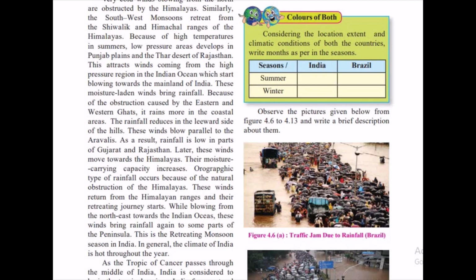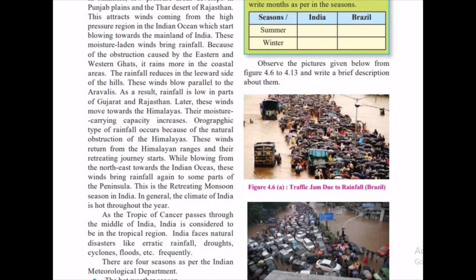These moisture laden winds bring rainfall. Because of the obstruction caused by the Eastern and Western Ghats, the rain is more in the coastal area. The rainfall reduces on the leeward side of the hill. The wind blows parallel to the Aravallis. As a result, rainfall is low in parts of Gujarat and Rajasthan.